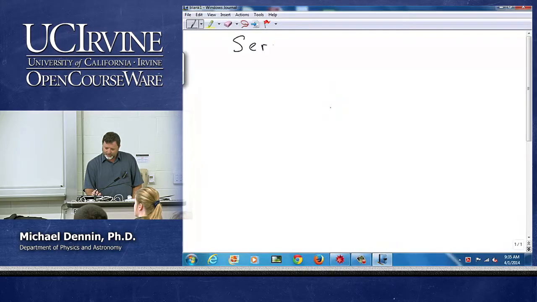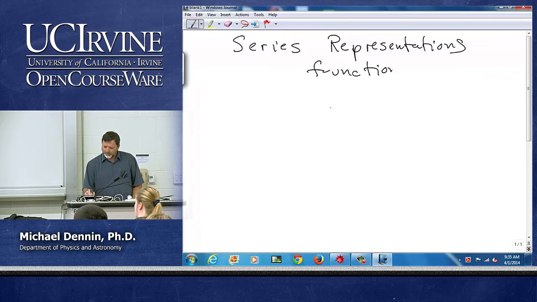So what we're doing today is we are going to be looking primarily at series representations for functions, and then we're going to look at the beginning of complex analysis.